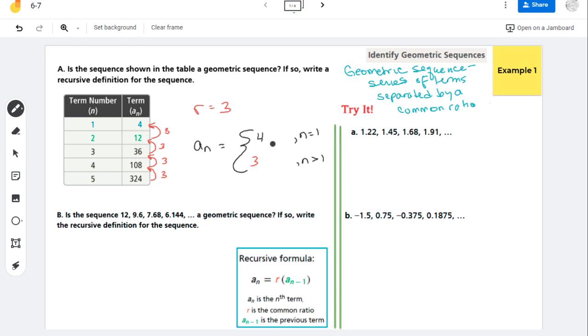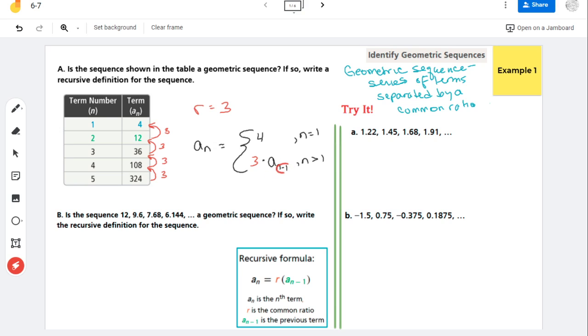and it's multiplied, they use a dot, times a sub n minus 1. Now remember, this n minus 1 is not part of a variable or a number. You're not going to exponentiate to get rid of it.